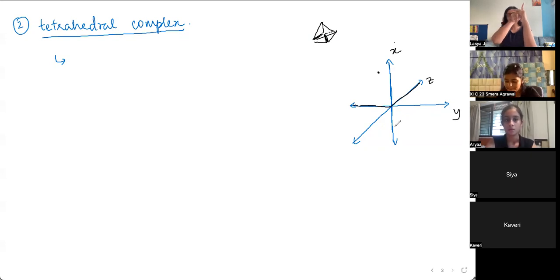So x, y, and if z is this way, imagine over here, this area. So there's one.